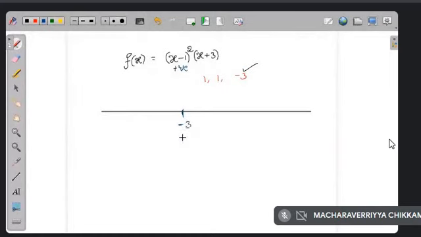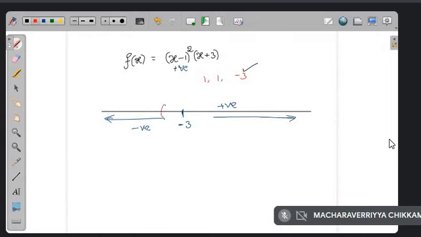If x is after minus 3, then definitely this is positive. Whereas if you are before minus 3, like minus 4, then x plus 3 becomes negative. You understand? Yes, sir.